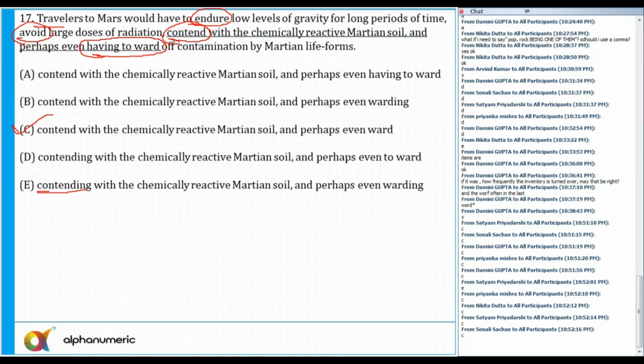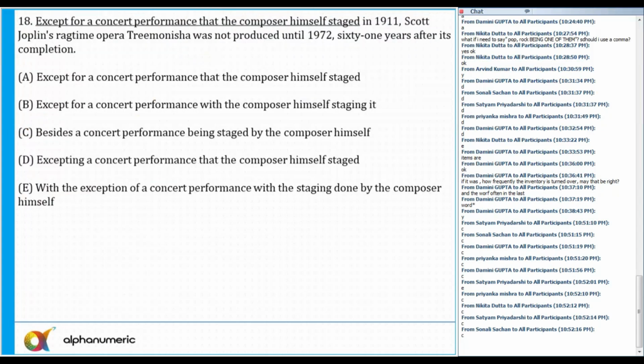Question number 18. Except for a concert performance that the composer himself staged in 1911, Scott Joplin's ragtime opera Treemonisha was not produced until 1972, 61 years after its completion.